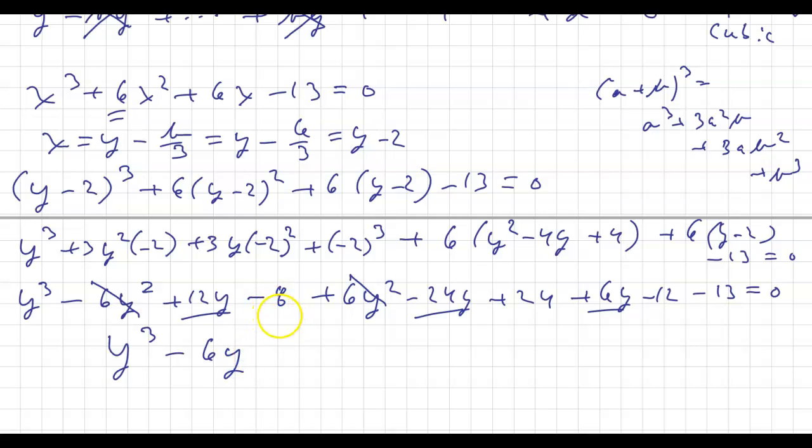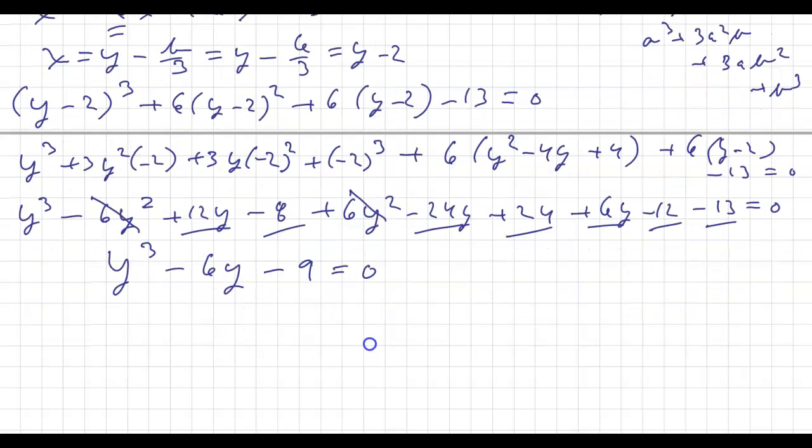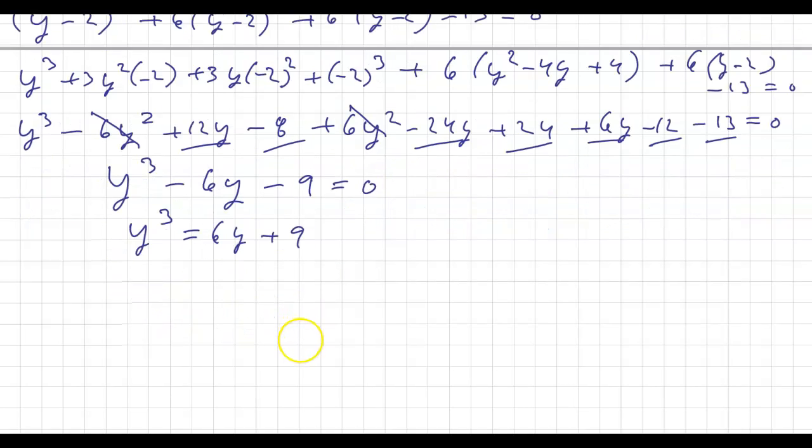And here I have minus 8 plus 24 is 16. 16 minus 12 is 4. 4 minus 13 is negative 9. And this is a depressed cubic. If I move the 6y and the 9 over, it becomes this.